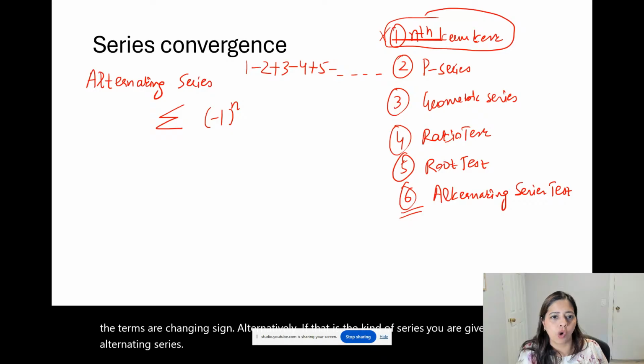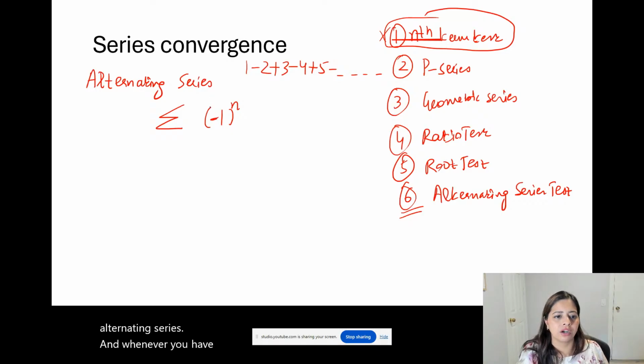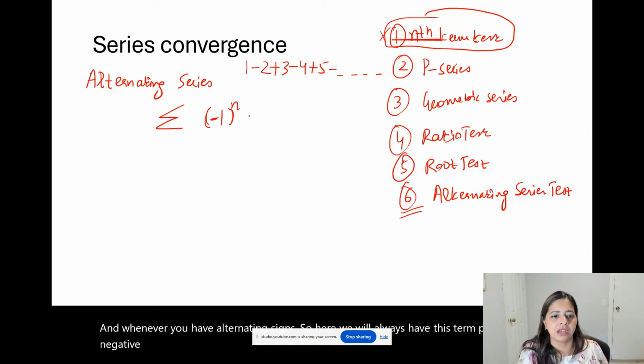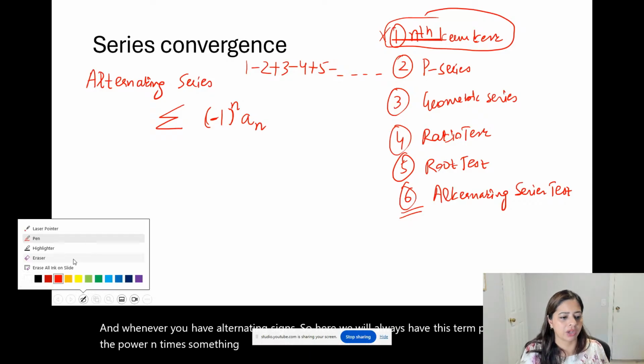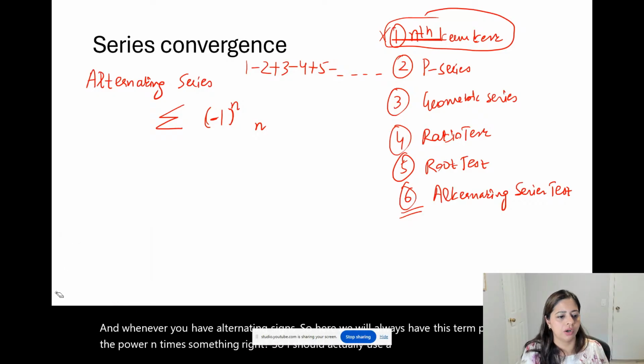Whenever you have alternating signs, we will always have the term negative 1 to the power n times something, right? I should actually use a different notation here, so maybe let's call it u_n.